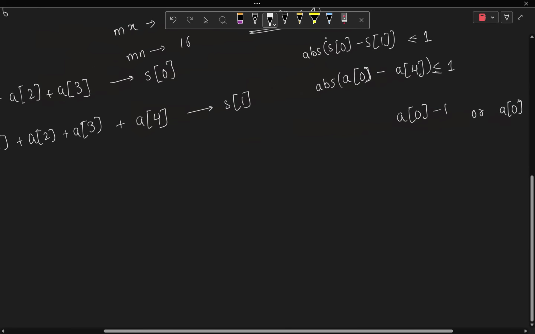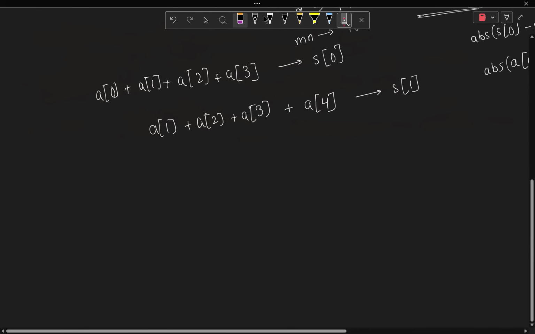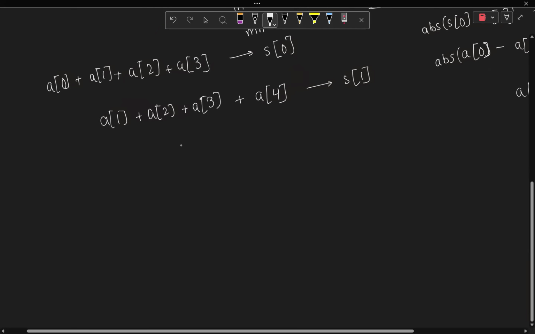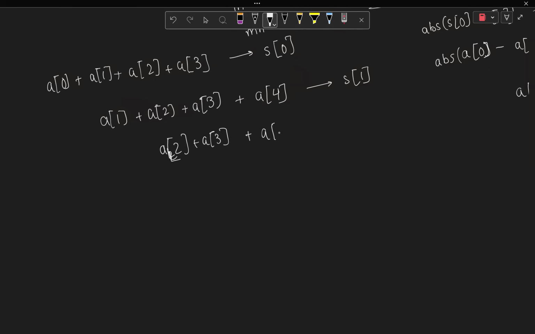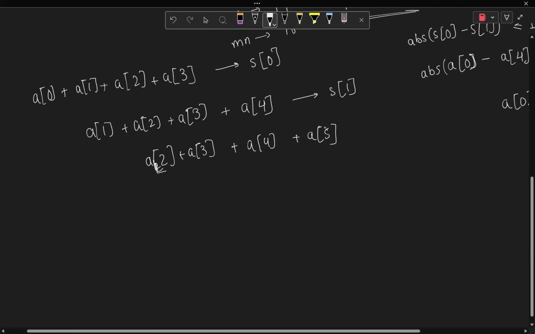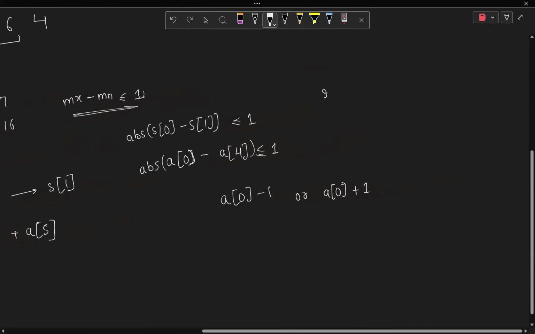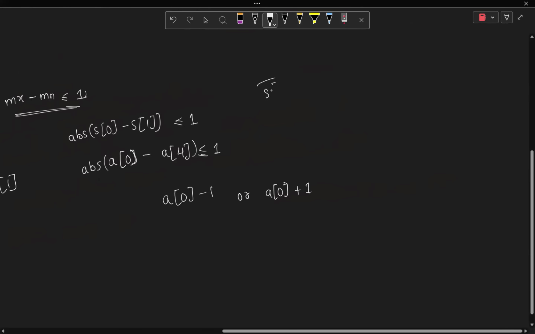Similarly, if you talk about the third subarray of length k, it would have elements a2, a3, a4, and a5. So again, you see that you have two conditions now.